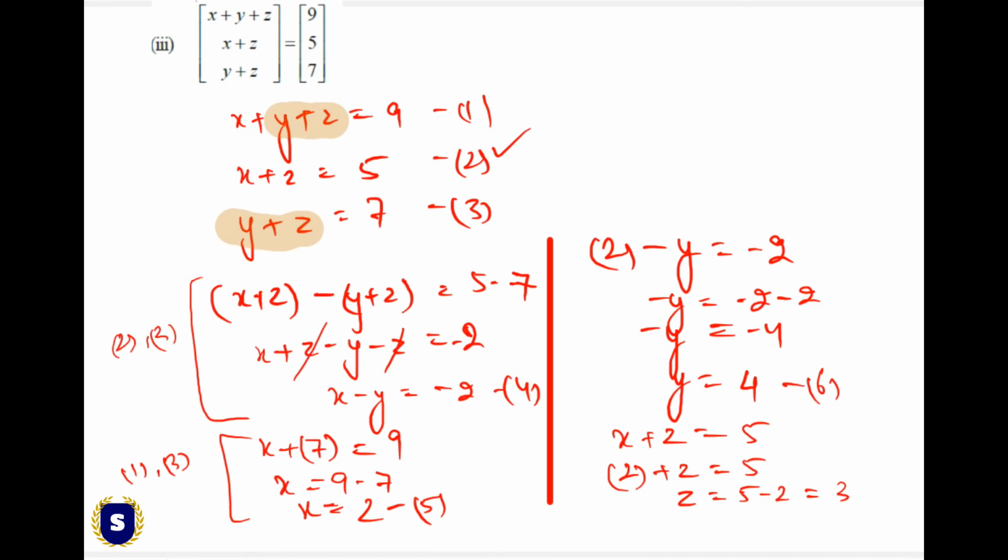So finally we have got all the values here. The value of x is equal to 2, the value of y is equal to 4, and the value of z is equal to 3. Right? Hope the question is clear to you.